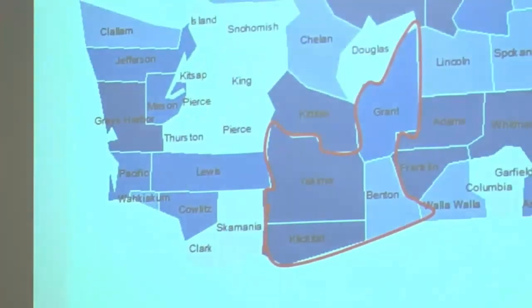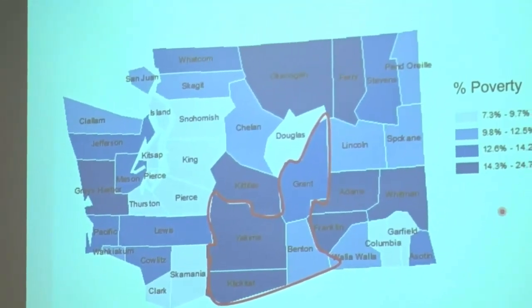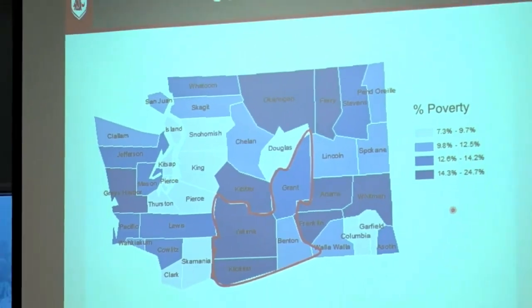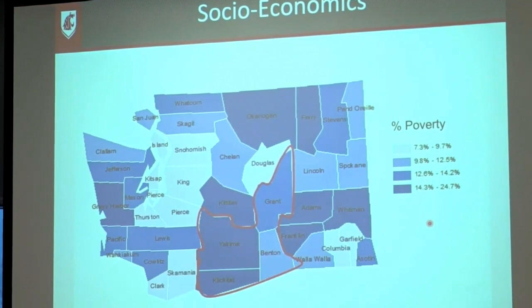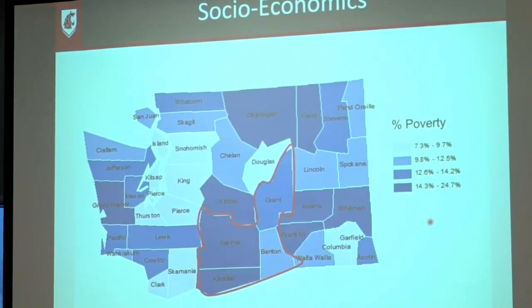More socioeconomic nuances to this system need to be taken into consideration. These 4 counties where we have this transmission are outlined in red. These also happen to be amongst some of the most impoverished counties in our state. So the people that are being exposed to these pathogens are amongst our most ill-equipped socioeconomically to protect themselves.